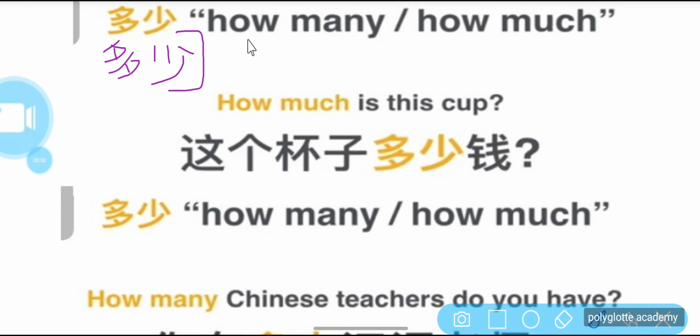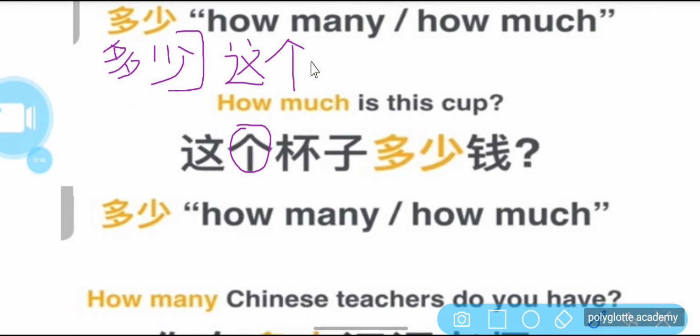Now 这个, which means this. 这 is this, and 个 is a measure word that goes everywhere.